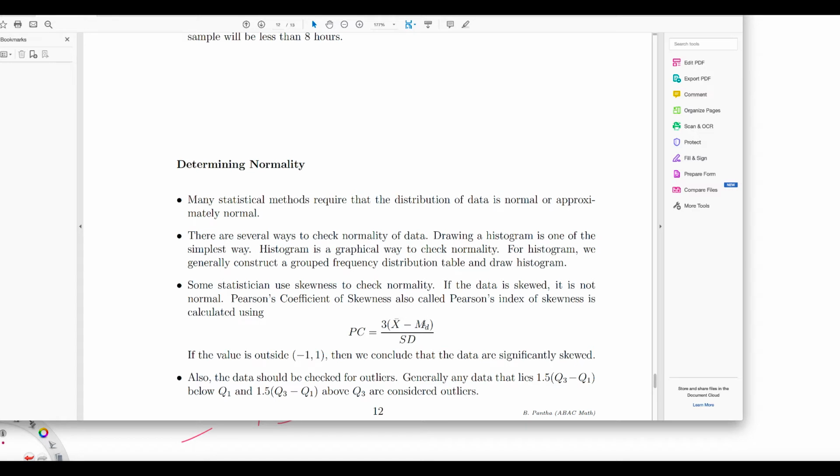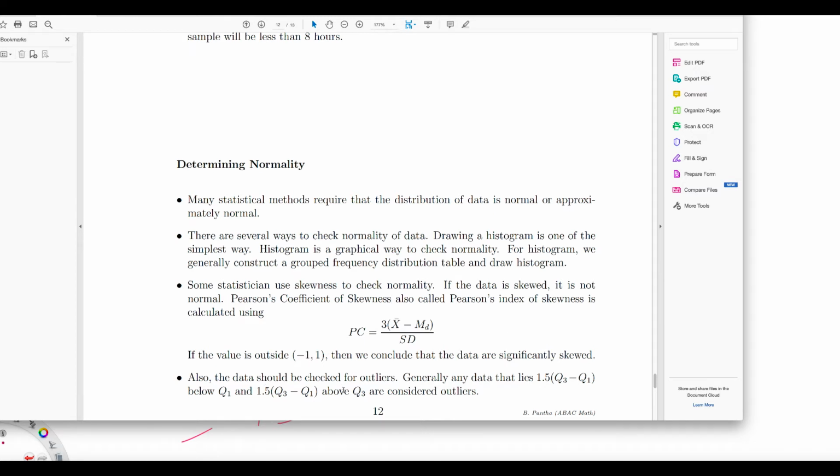If this value is less than or equal to -1, or greater than or equal to +1, we call it significantly skewed. But if this value is between -1 and 1, then it is not significantly skewed, and we conclude that the data is approximately normally distributed.